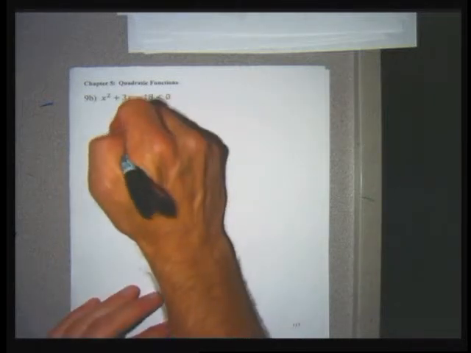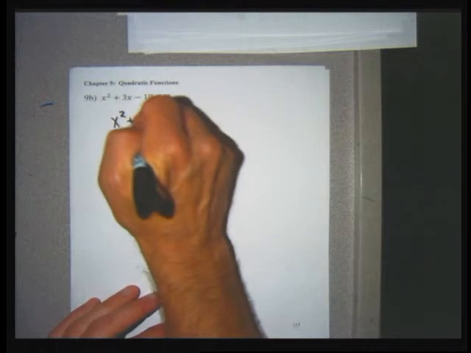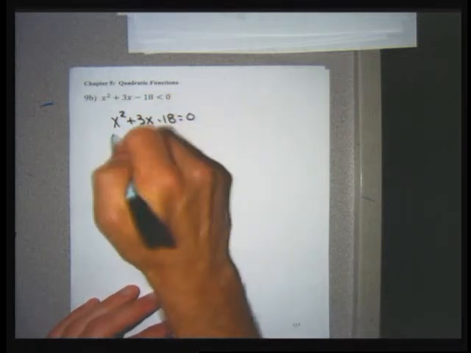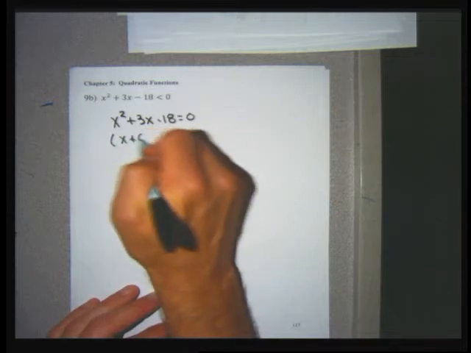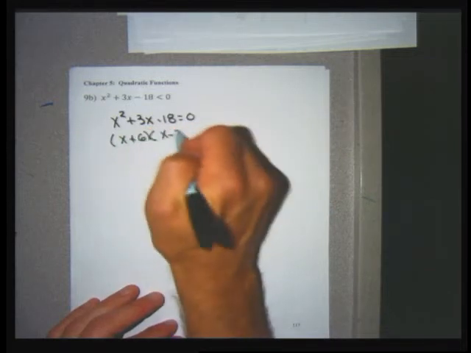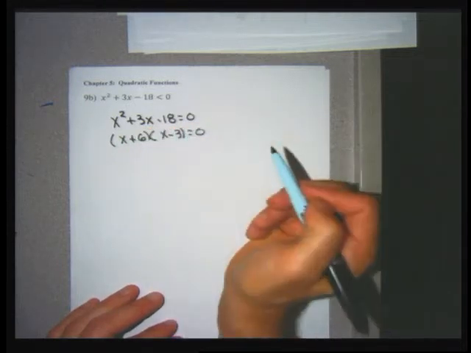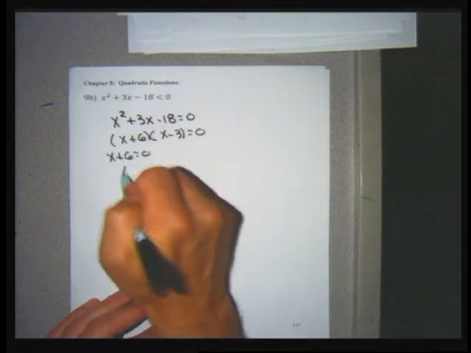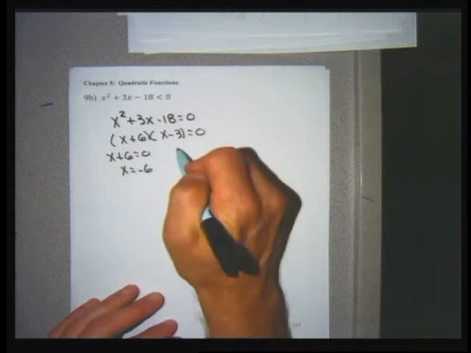Do the same thing for part B. It should be the middle intervals again. So I'm going to solve it like there's an equal sign. Go x squared plus 3x minus 18 equal to 0. Factor this, x plus 6 times x minus 3 equal to 0. Then go x plus 6 equal to 0, which gives x equal to negative 6.